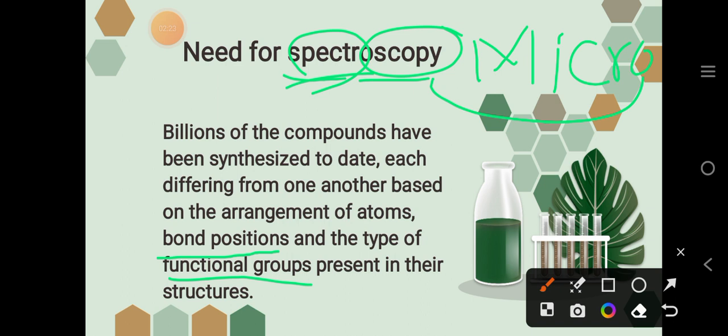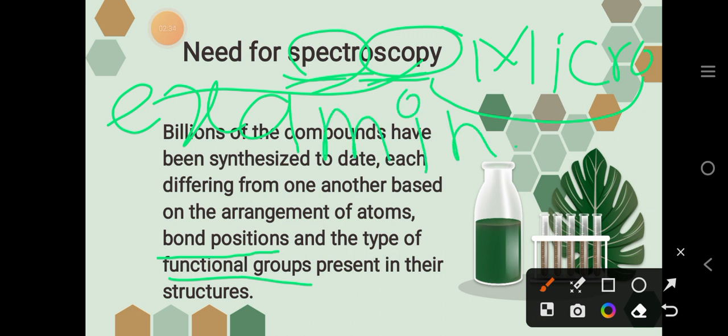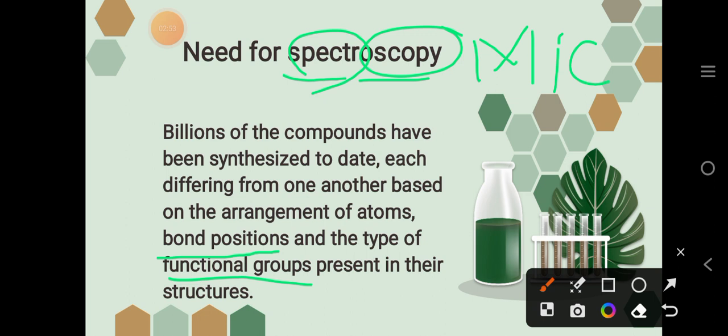By using that particular spectrum we examine. Scopy means examine, and spectrum means a certain spectrum of light. When we examine compounds by using a particular spectrum of light, that is known as spectroscopy.